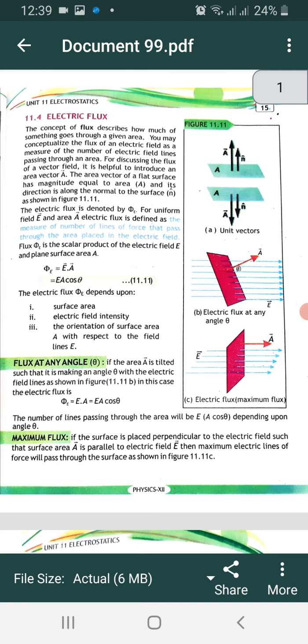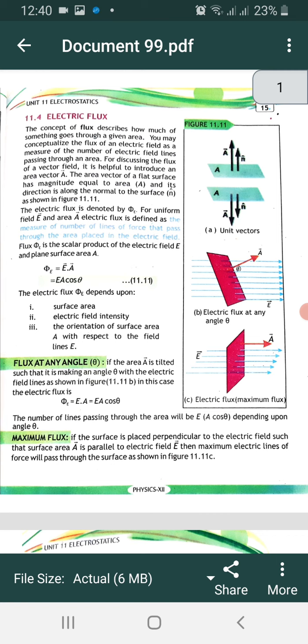But in general, if we have any angle theta which the vector area makes with respect to the electric field lines, then the electric flux is mathematically defined as the dot product of electric field intensity and vector area, which is shown in equation 11.11.